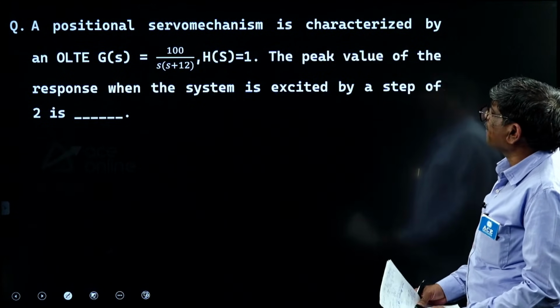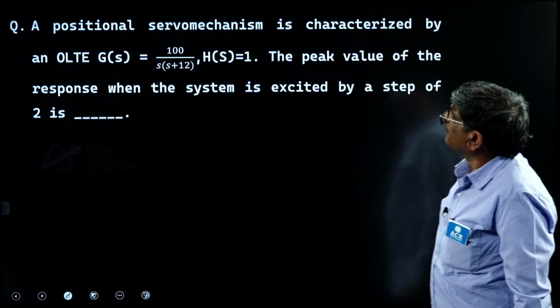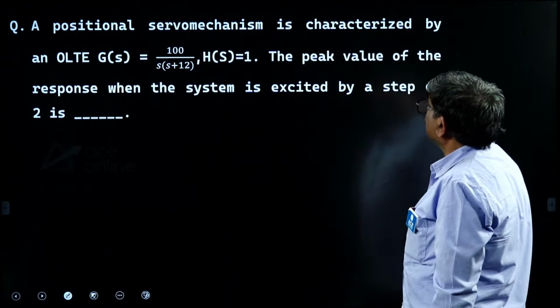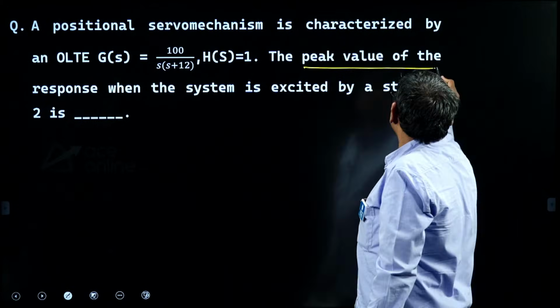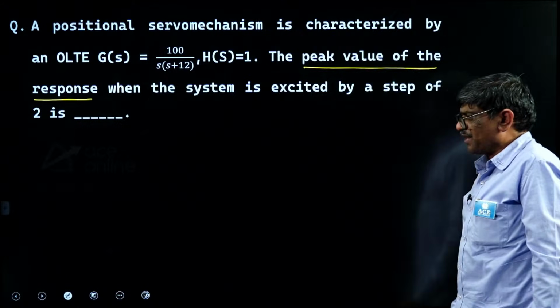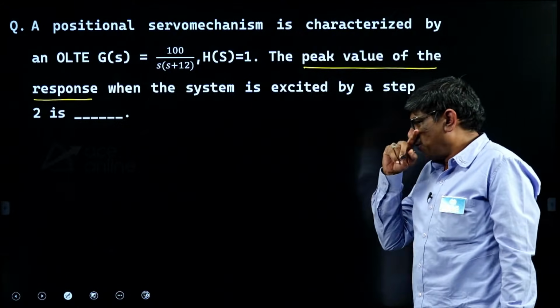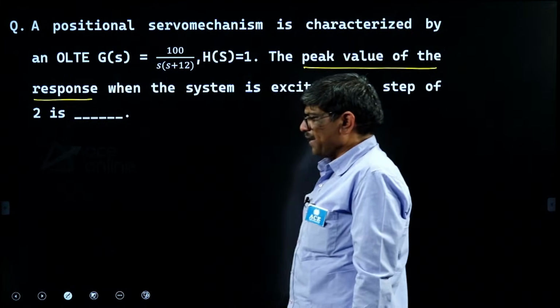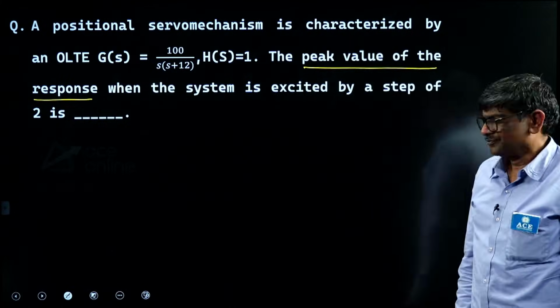Solve this question. Find the peak value of the response. Anybody? Come on, do it. What is the formula for the peak value of the response?